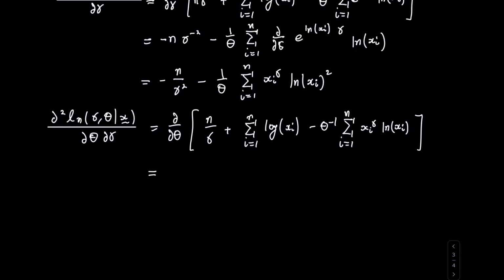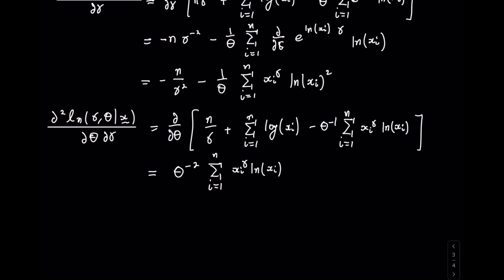So when we evaluate this, the first term doesn't depend on theta, so it collapses to 0. The second term doesn't depend on theta, so it collapses to 0. And finally, for this term here, the negative 1 comes out the front, giving us a positive value of theta. So it becomes theta to the negative 2, sum i equals 1 to n of xi to the gamma ln xi.